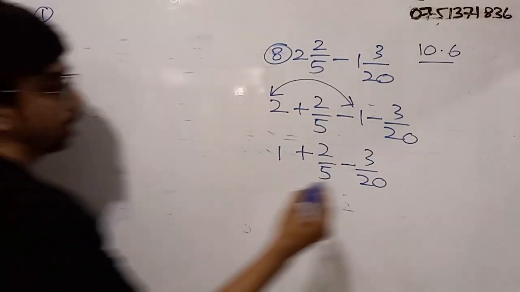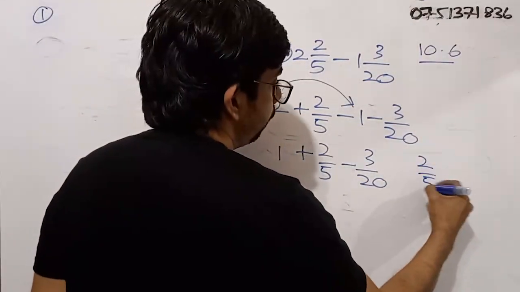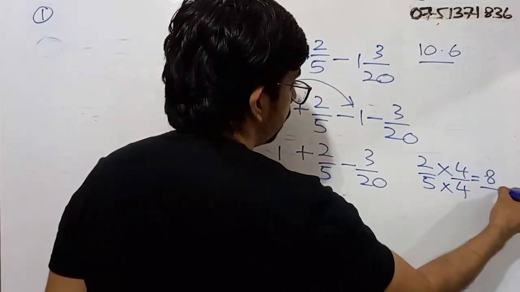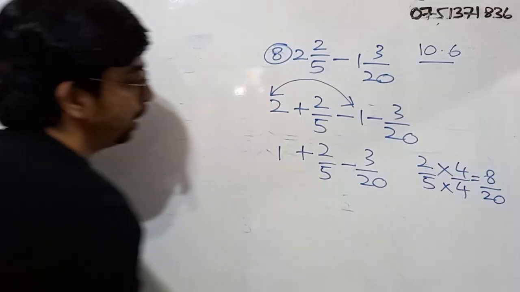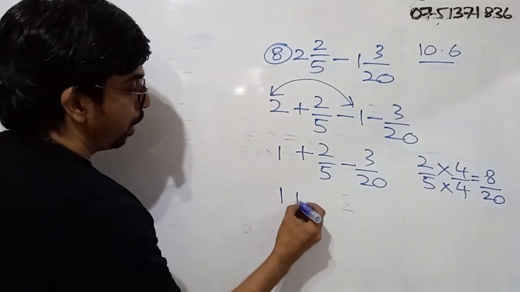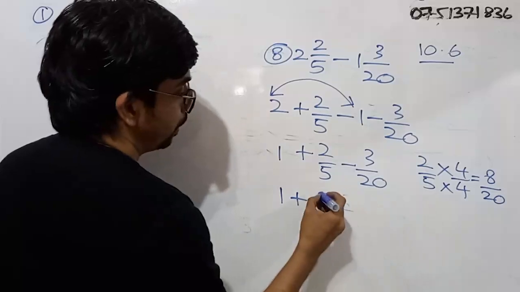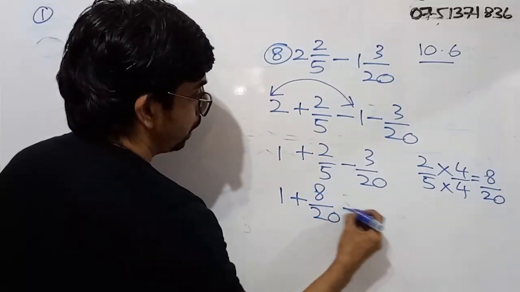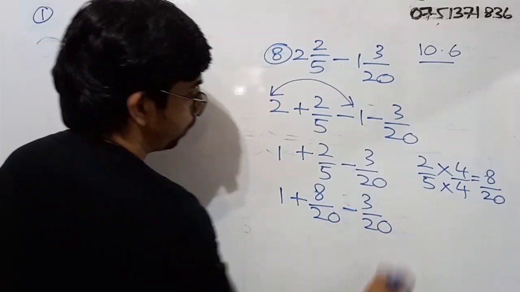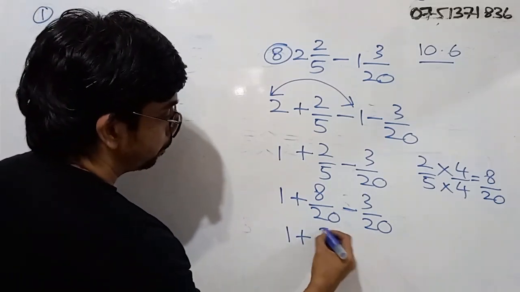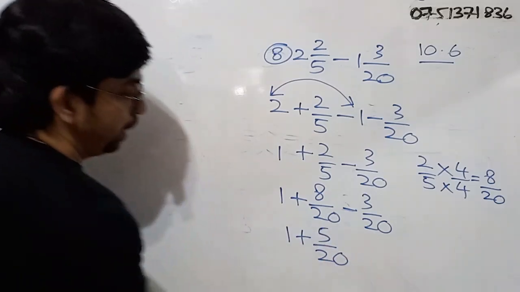So 2 by 5, I'll multiply both numerator and the denominator by 4. Then I will be getting 8 by 20. So 1 plus, instead of 2 by 5, I can write 8 by 20. So 8 by 20 minus 3 by 20. Now 1 plus, what's the outcome here? 5 by 20.